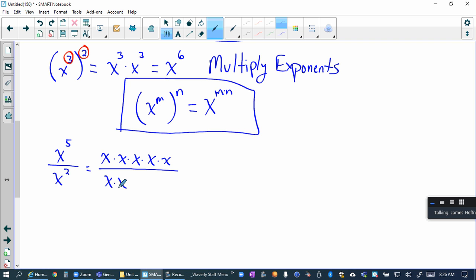Okay, now, if I have this situation, do some things cancel here? Yeah. So a pair of those x's cancel, another pair cancels, right? And what am I left with? X to the third. So what did I effectively do with these exponents when I divided? You subtracted the exponents.